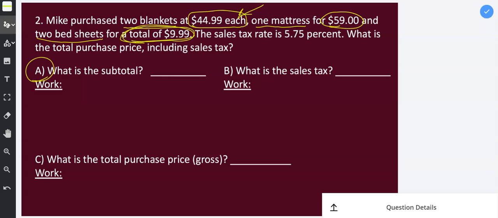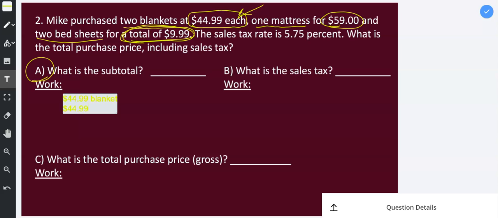So let's go ahead and look at A. What is the subtotal? The subtotal is the total before tax is added. So all we need to do for this part is record everything that was purchased. Mike purchased first for $44.99 a blanket. And in fact, he purchased 2 of those blankets.